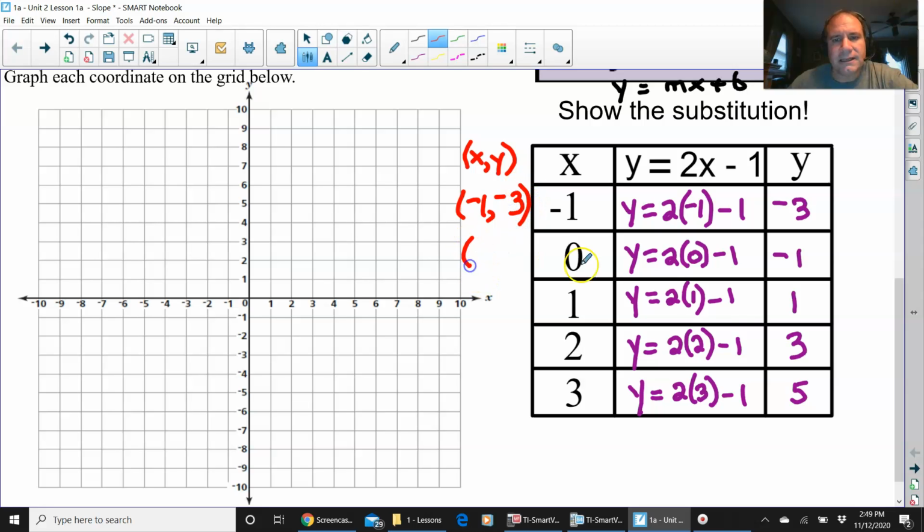Then the next one is x is 0, so we're going to put 0 down first, and -1 is the y. This one right here is 1, comma 1. The next one is 2, comma 3. And the last one is 3, comma 5.